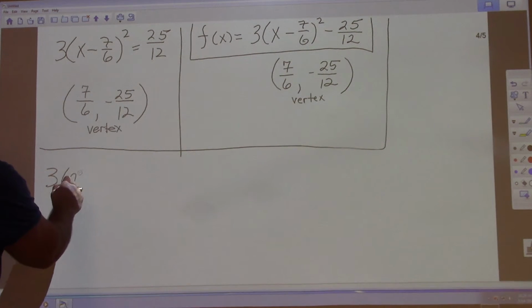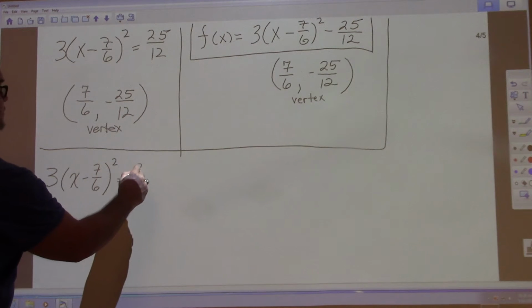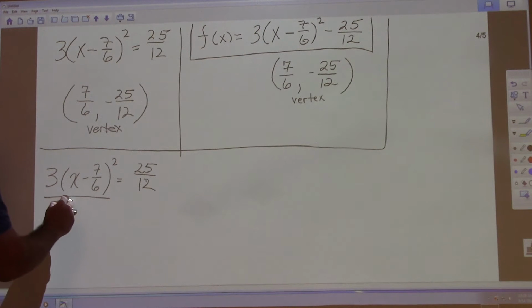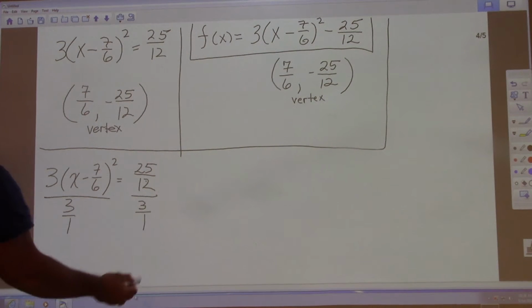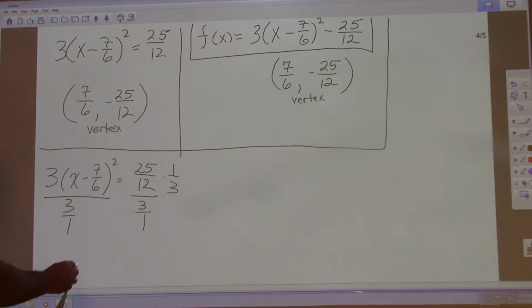3 times x minus 7/6 quantity squared is equal to 25/12. Divide by 3 over 1. If we divide by 3 over 1, we multiply by 1 over 3.